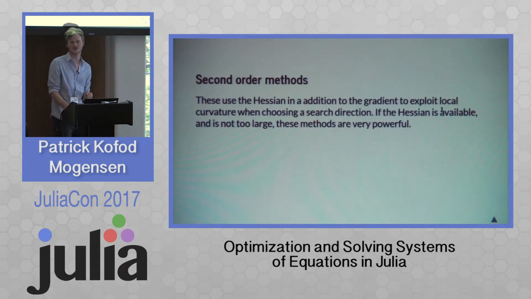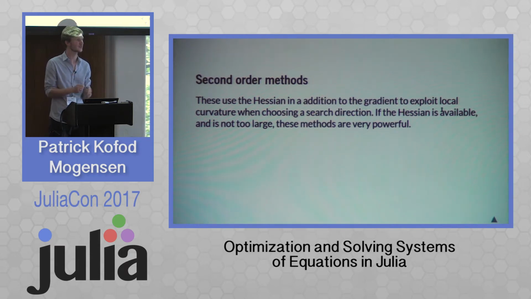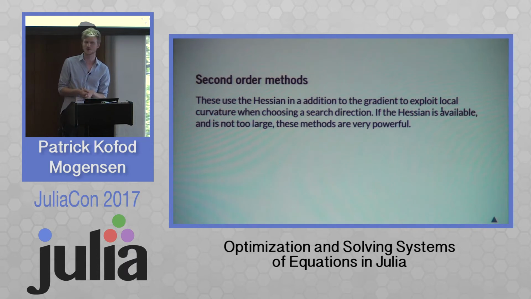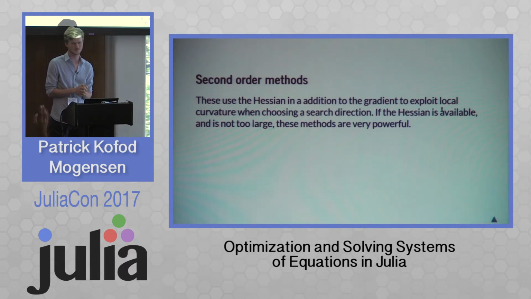And then we have the second-order methods. These are the Newton methods, and they're very powerful if you have the Hessian available, this second-order derivative of a multivariate function. But they can also see severe limitations if you have very big problems and you don't have sparsity in your Hessian.